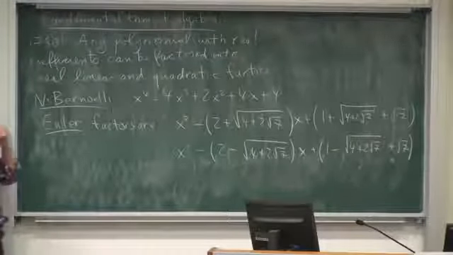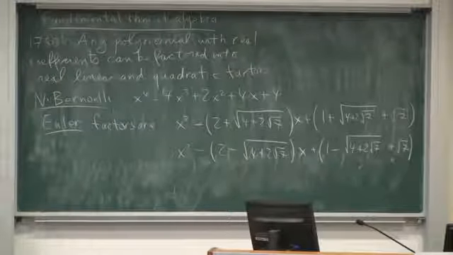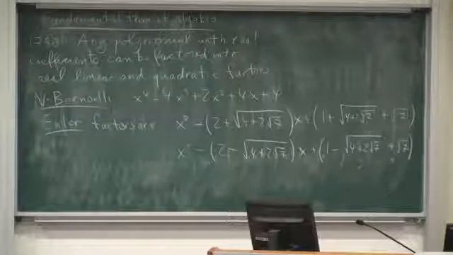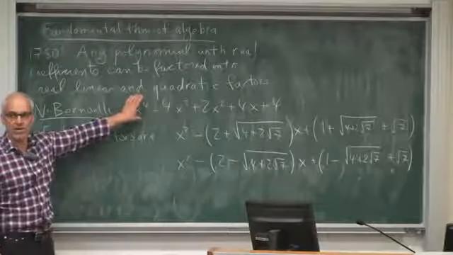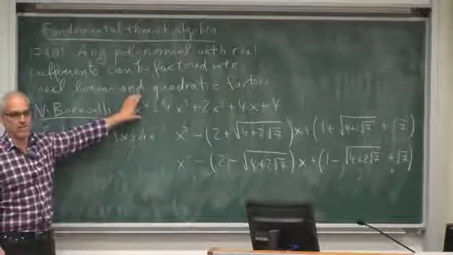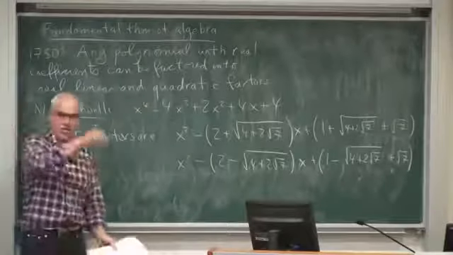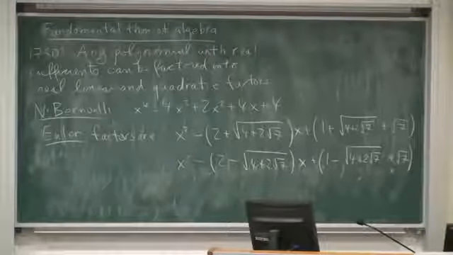So Euler thought about this. Euler was one of the people who believed this theorem and was interested in trying to prove it. But Euler was very practical and calculationally oriented, so he first tackled the quartic problem. How do you prove that if you give it any quartic polynomial, you can factor it into linear and quadratic factors?